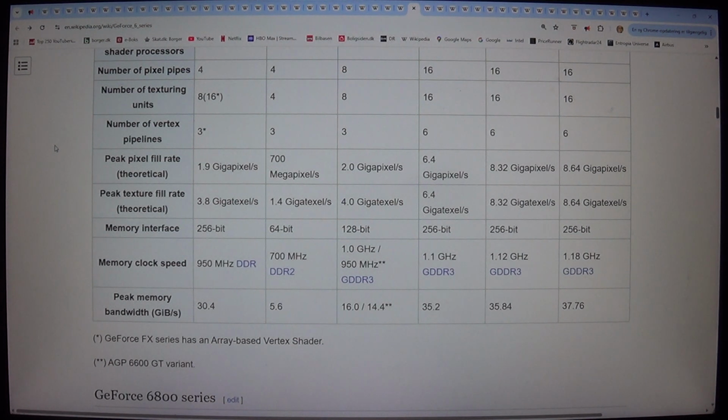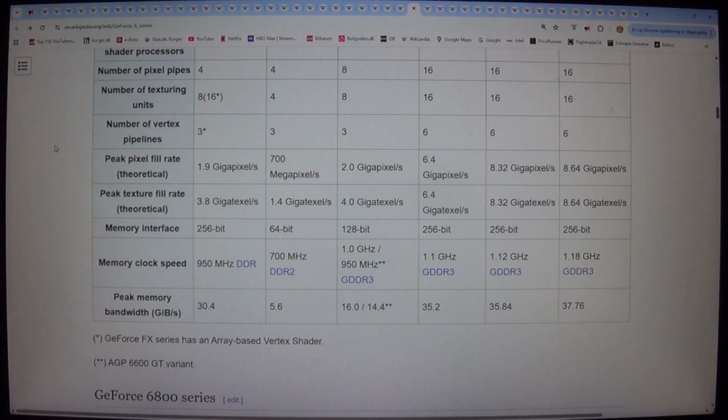Peak pixel fill rate, theoretical: 1.9 gigapixel/s, 700 megapixel/s, 2.0 gigapixel/s, 6.4 gigapixel/s, 8.32 gigapixel/s, 8.64 gigapixel/s.